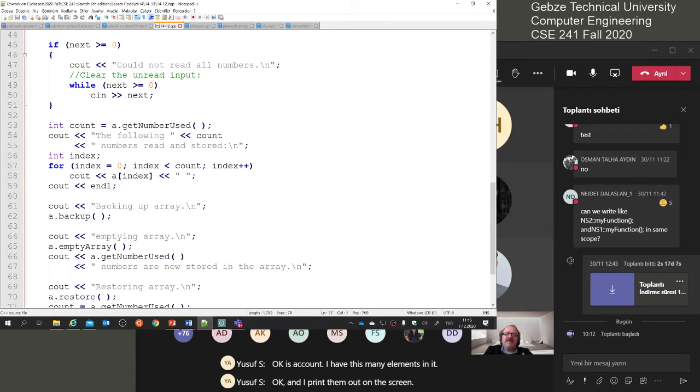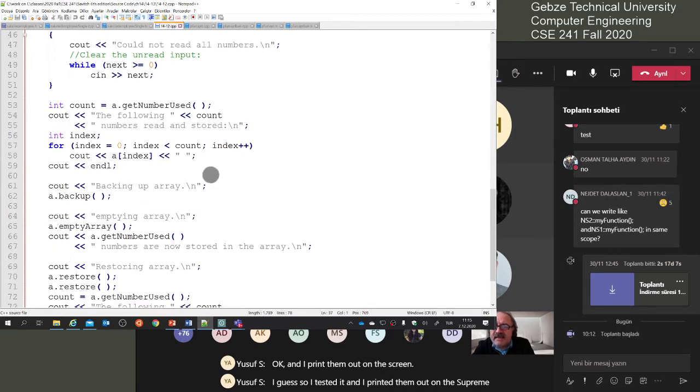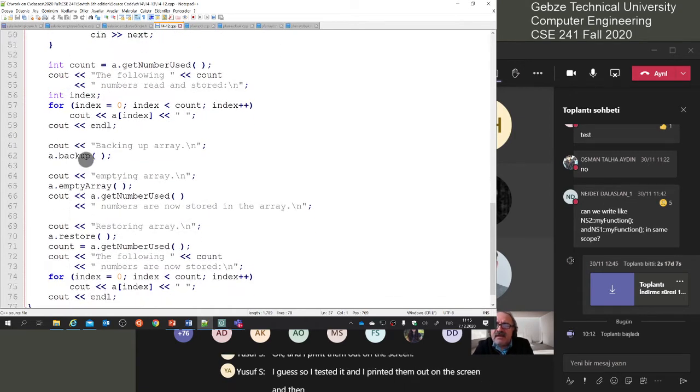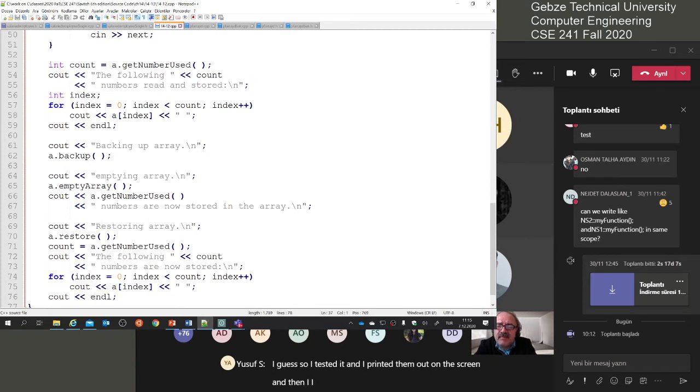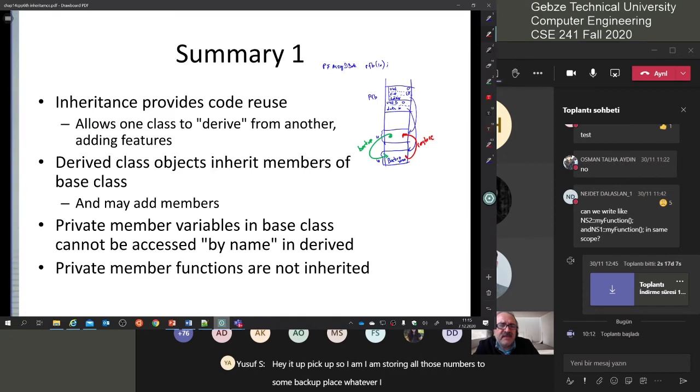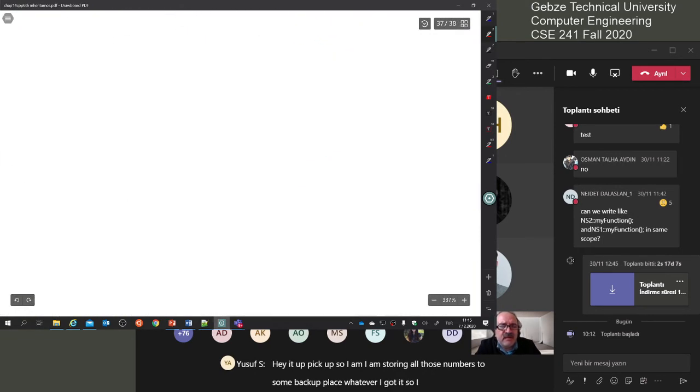So I tested it and printed them out, and then I call this function, a.backup. So I am storing all those numbers to some backup place. I am copying all of them to backup.